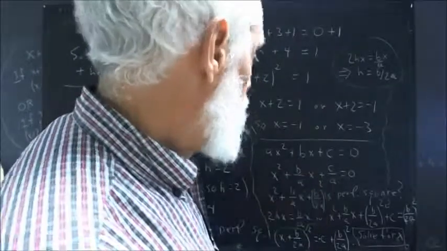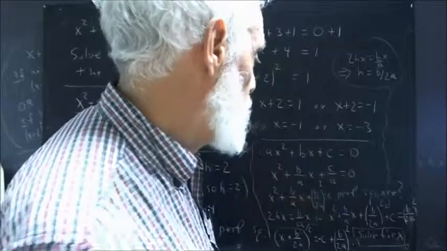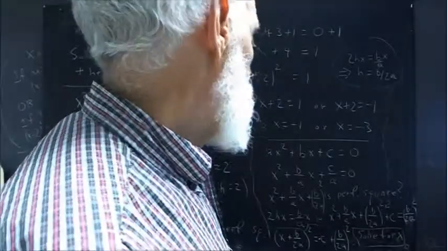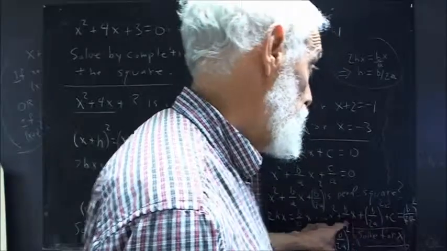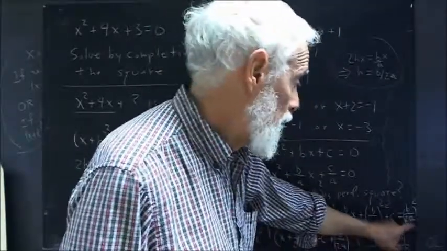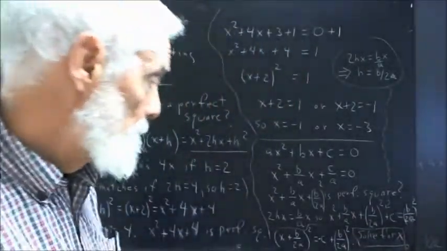So we manipulate our equation. Our equation was ax squared plus bx plus c equals 0. We're going to add b over 2a quantity squared here so that this is a perfect square. We've got to add b over 2a quantity squared on the right-hand side as well.